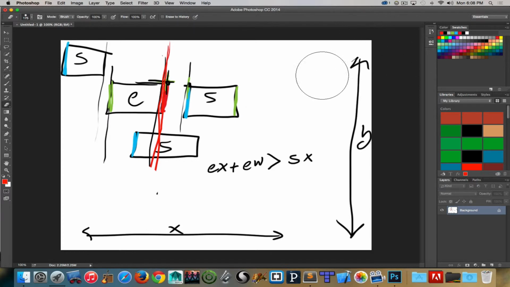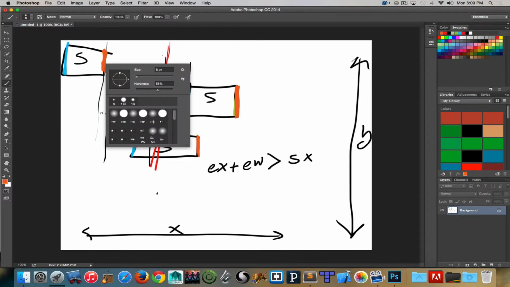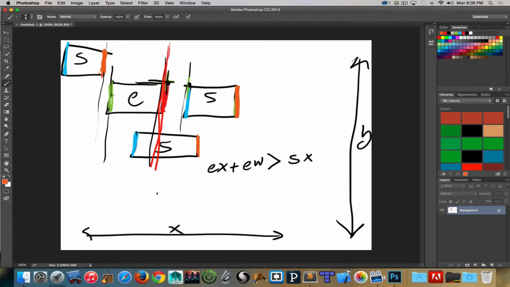So now I'm going to check for the other side. The other possibility is, okay, well, what about the right edge here? How does that edge compare to the left edge of the box? For that one, we compare the enemy's x.